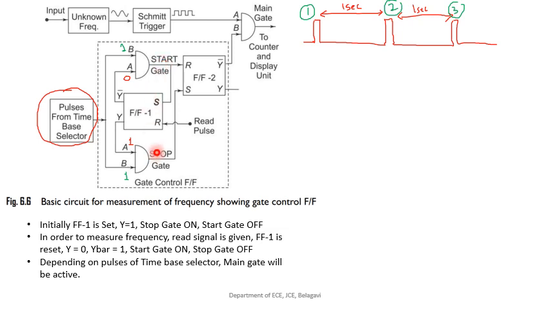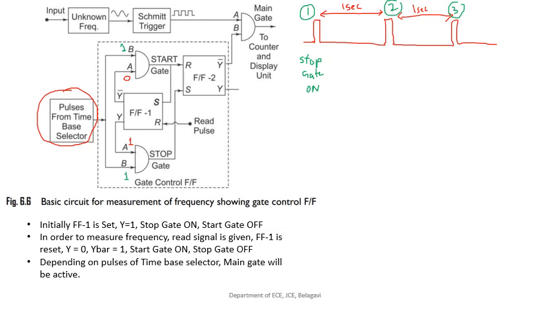Whereas if you see the stop gate, both the inputs of the stop gate are 1. So what you can do, you can write here. At this instance what happens is that the stop gate is on, and start gate is off. Why it is off is because you have 1 and 0.